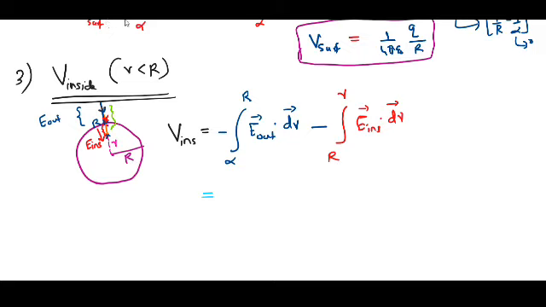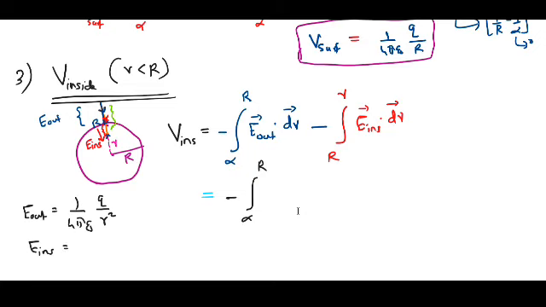We know the expression for the electric field outside, because minus infinity to R, we have already done this calculation. However, I will do it once again here for your convenience. Minus integral infinity to R, E outside is 1 by 4 pi epsilon 0 q by R square. Then what about E inside?